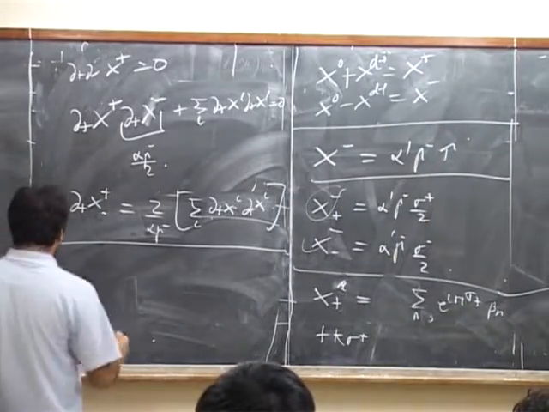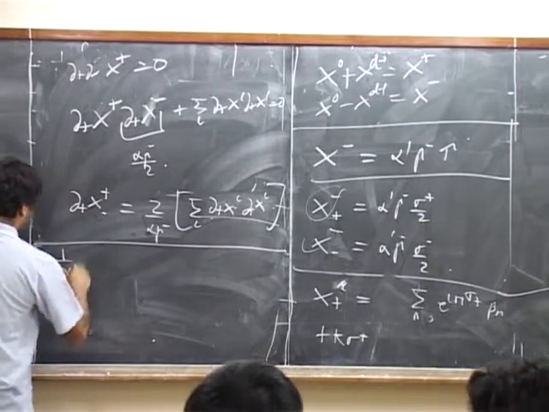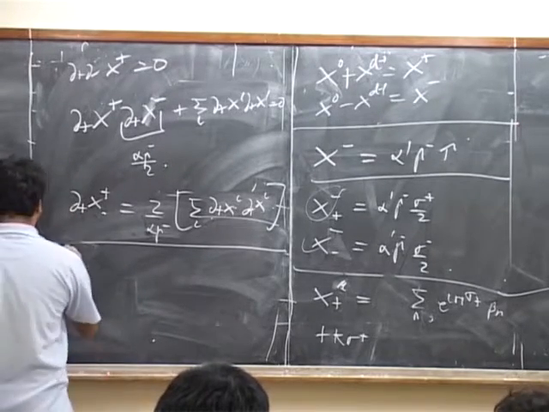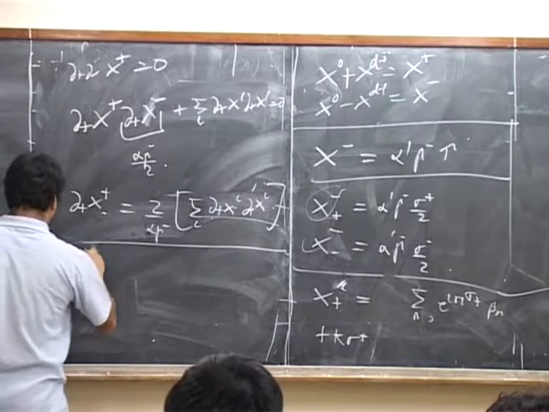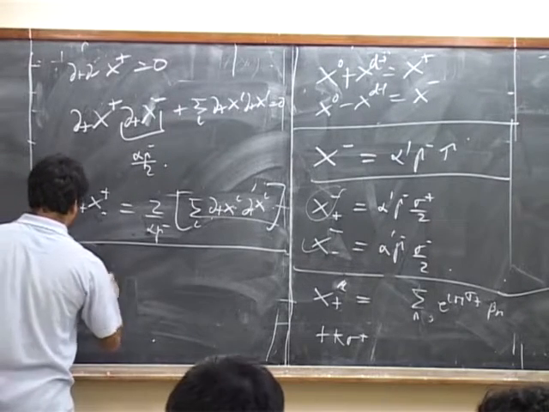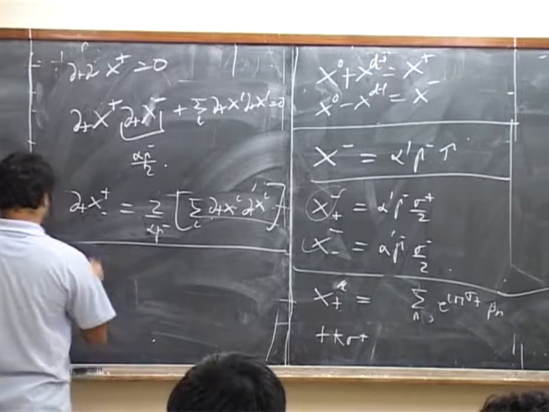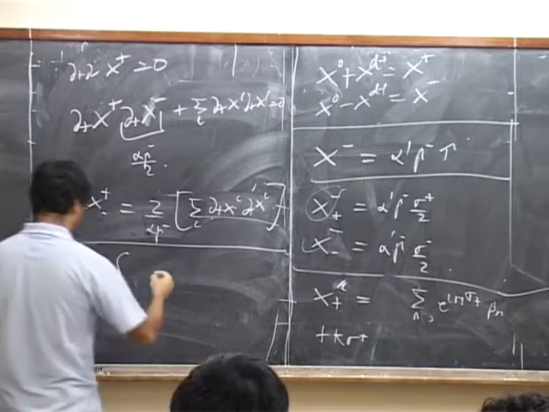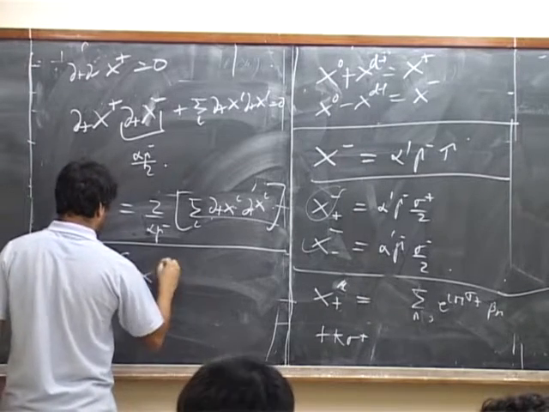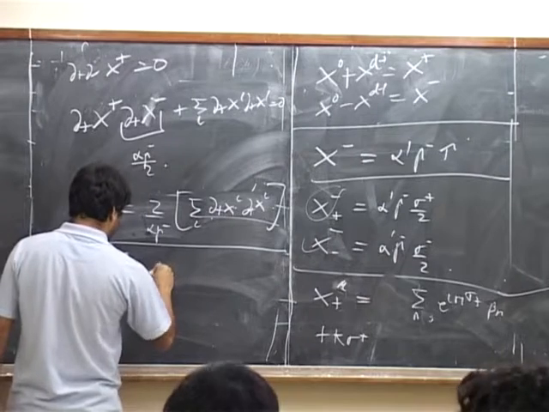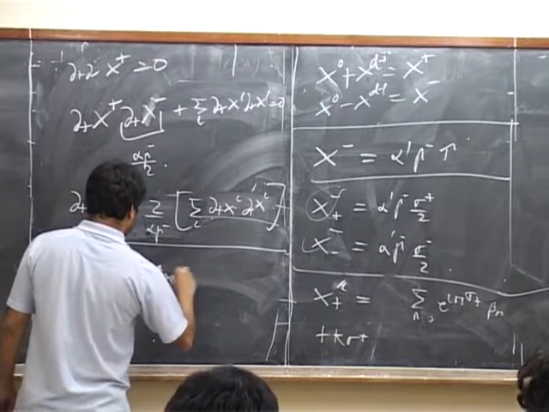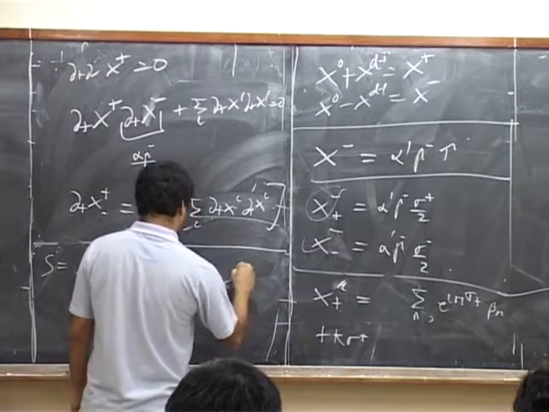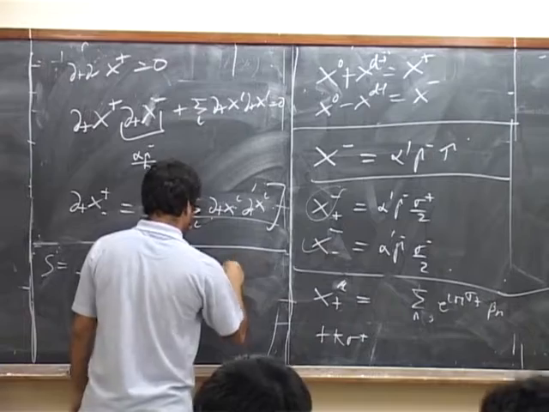Okay, so let's move on. What do we conclude? Let me go back. Our action was equal to 1 by 4 pi alpha prime, and we had the integral of (x mu dot squared minus x mu prime squared).